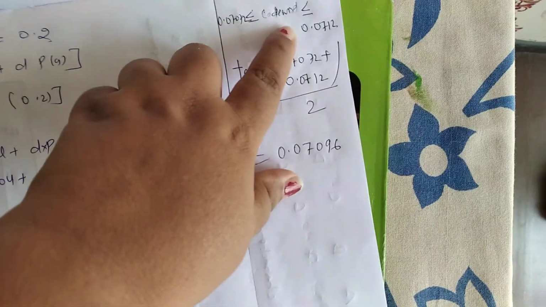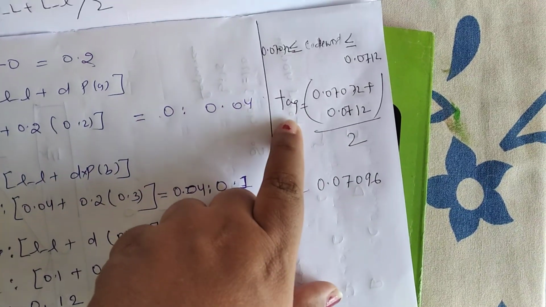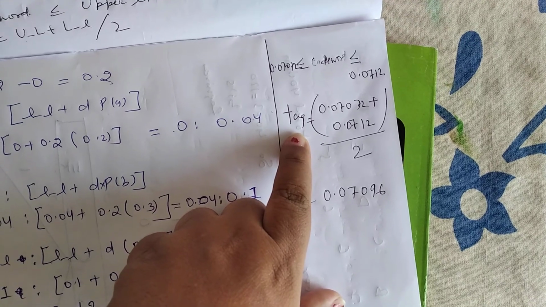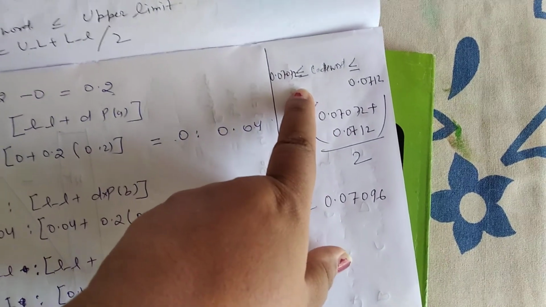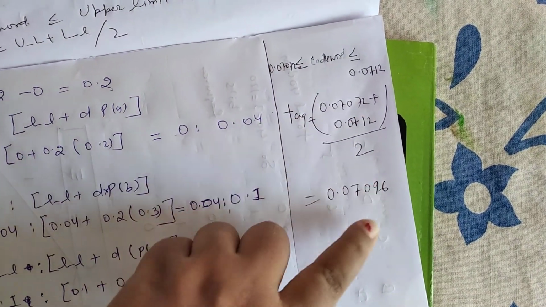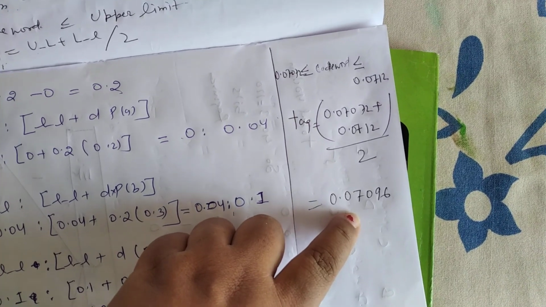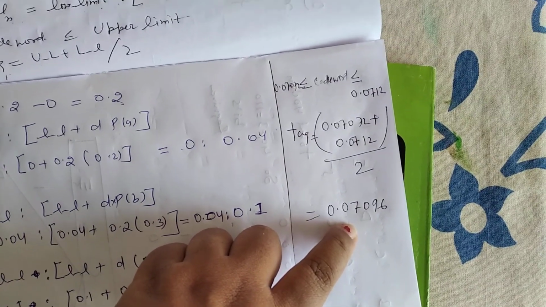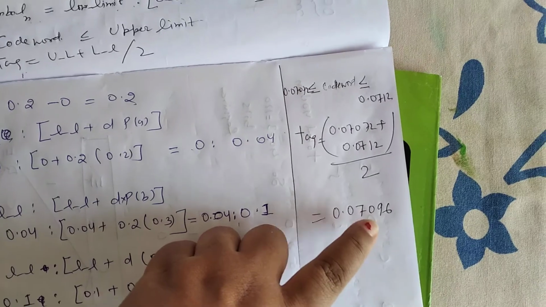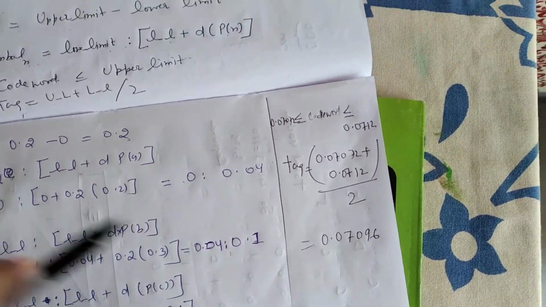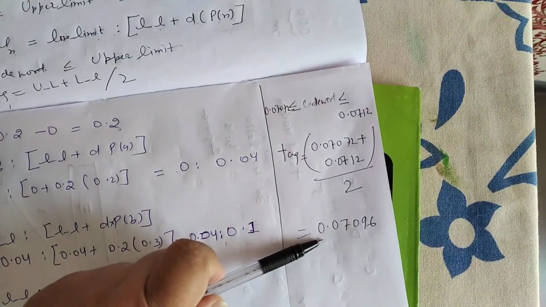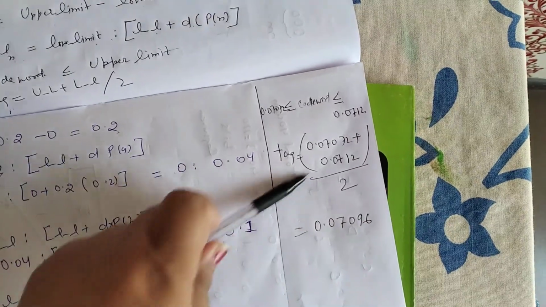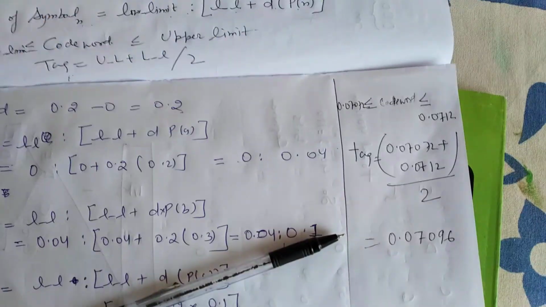So now this is the range of the code word, and for finding the value of tag, we know it is the upper limit plus lower limit by 2. If we do this, we will get the value of 0.07096. This is the value of the final encoded message. So this is the output of the encoding process.